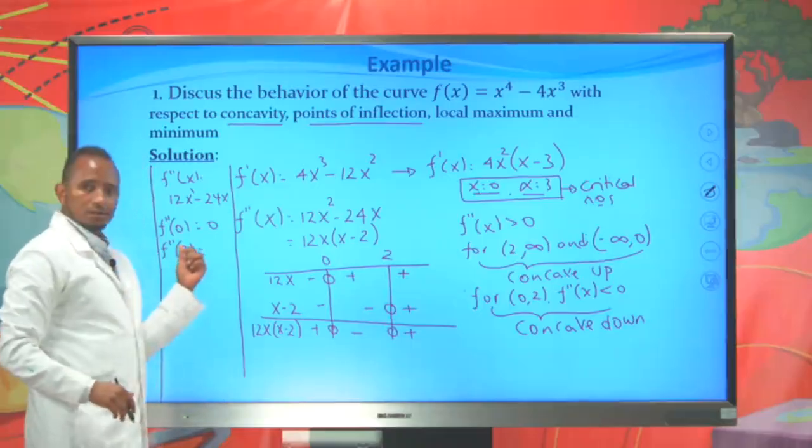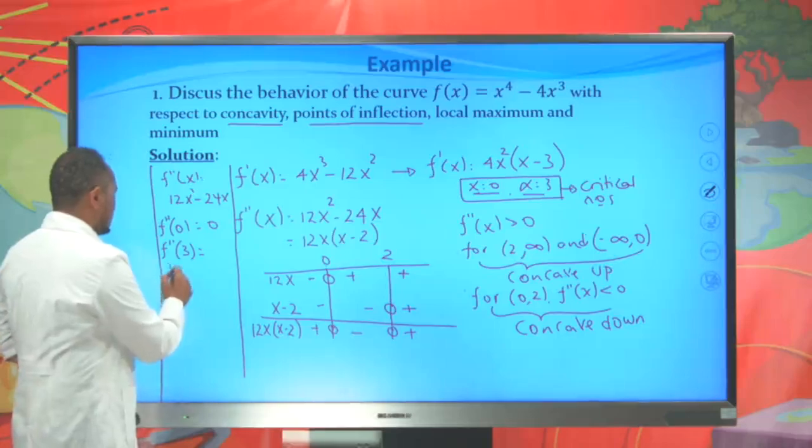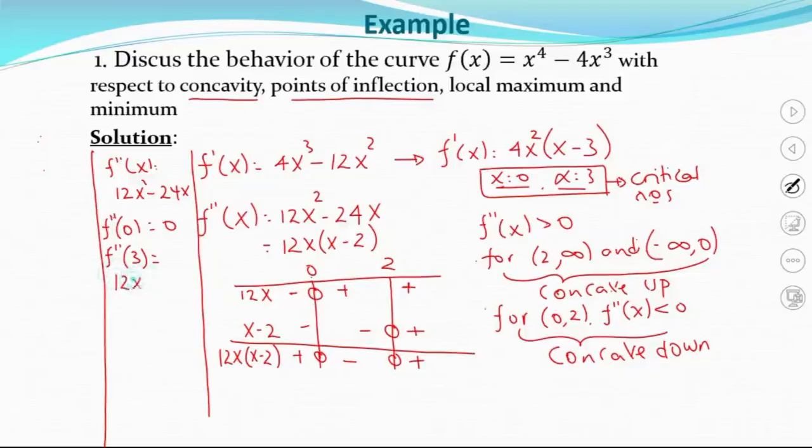For 3, the second derivative at 3 equals 12 times 9 minus 24 times 3. 12 times 9 is 108, minus 3 times 24, which is 72.